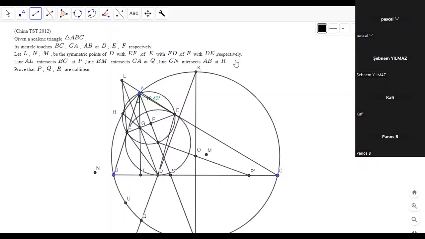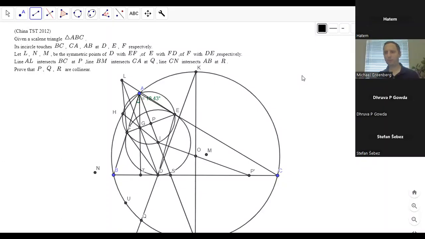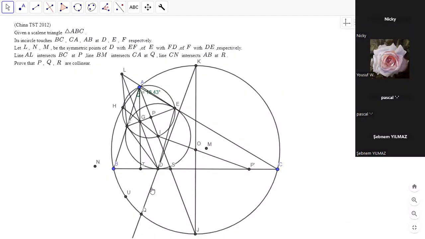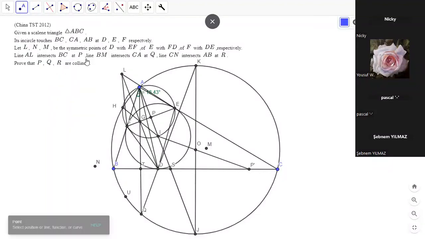Okay, so let's see. So AD and EF. I'll draw that. There we go.